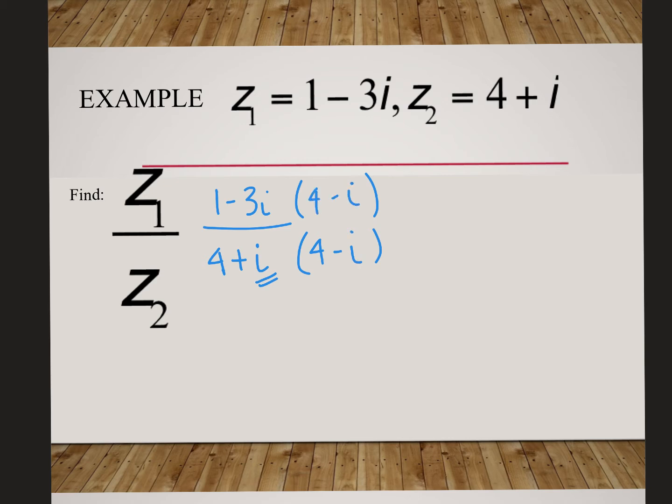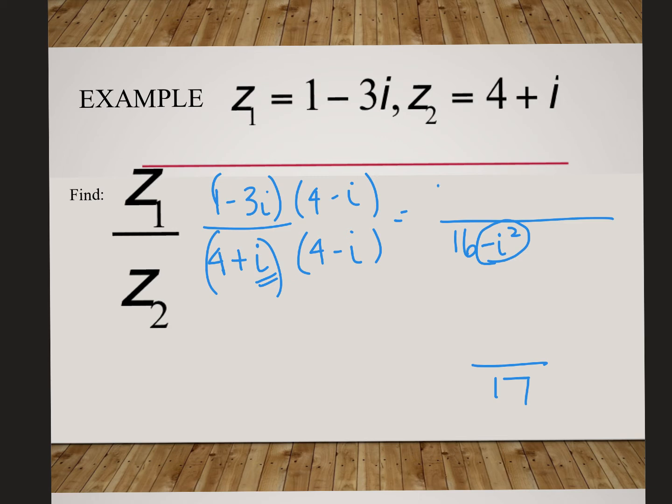Okay, so if you FOIL this denominator, you will get 16 minus i squared, or in other words, 16 plus 1, which is 17. Now the top may take a little bit more work. I'm going to have to FOIL this.